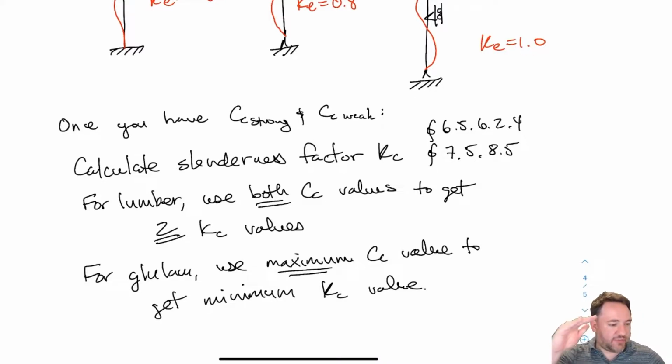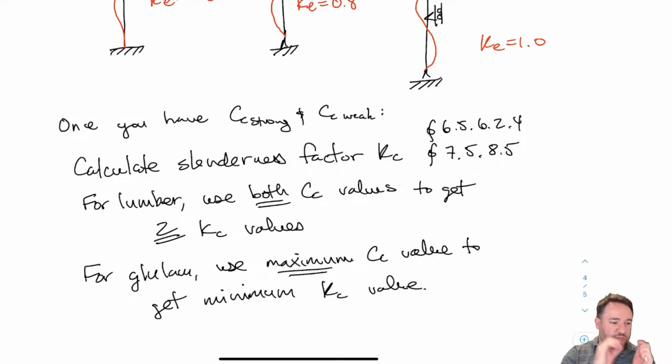So I calculate my effective lengths, I calculate my slenderness values, CC strong and CC weak, and then what do I do with it? For KC, I have the equation for KC, which I'm going to put out in a minute, which is functionally identical for lumber and glulam. If I'm talking about lumber, as I mentioned before, we have to check both directions.